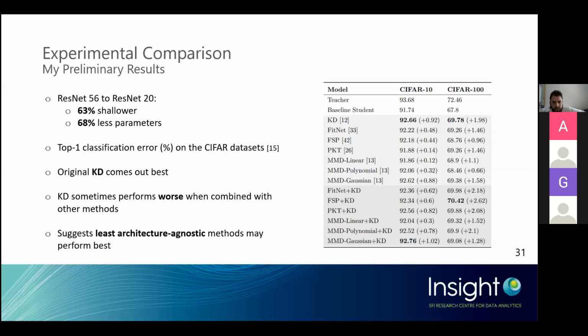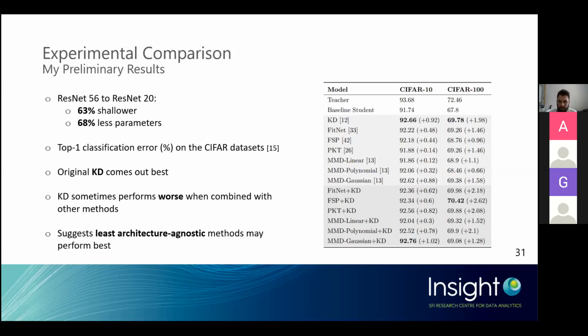So what we mean here is we're transferring knowledge from a large, powerful teacher network to a smaller, less powerful network on the same task. So we're not changing task, we're not changing domain. It's just 63% shallower and with 68% fewer parameters. And we want to measure the increases in performance on a classification task in top 1 accuracy.